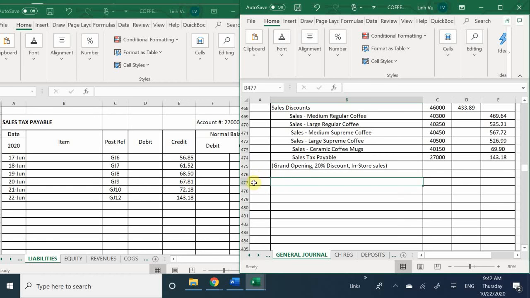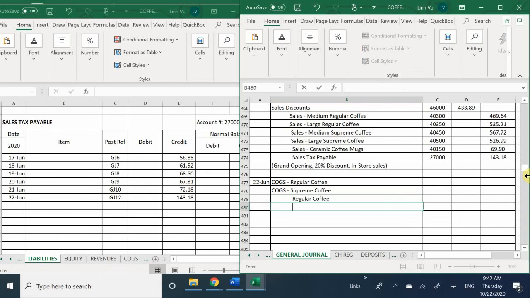What I meant to input on the journal would be COGS regular coffee, and then COGS supreme coffee, and then the credit would be regular coffee and supreme coffee.